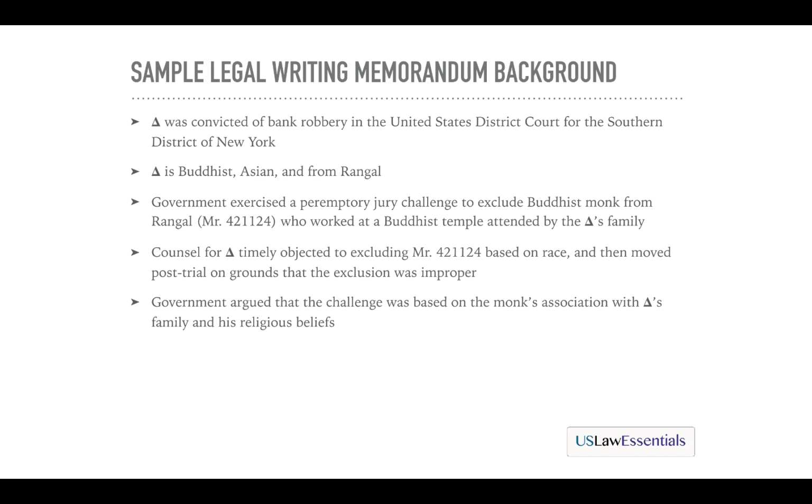The government consistently argued that the challenge was based on the potential juror's association with the defendant's family and based on the potential juror's religious beliefs. The defendant's objections were overruled, he was convicted, and his post-trial motions were denied.